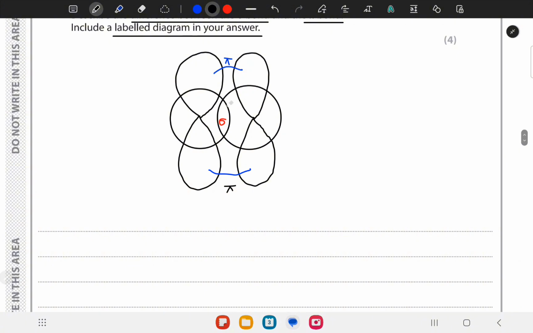Instead of the sphere you can also draw the px orbital. This is the sigma.